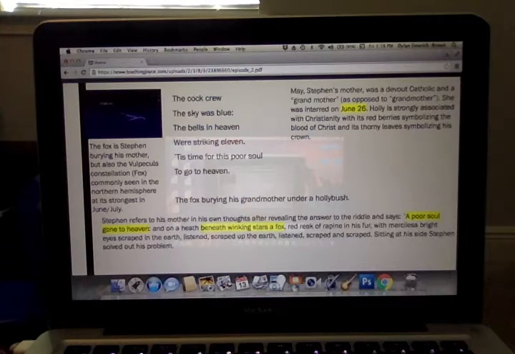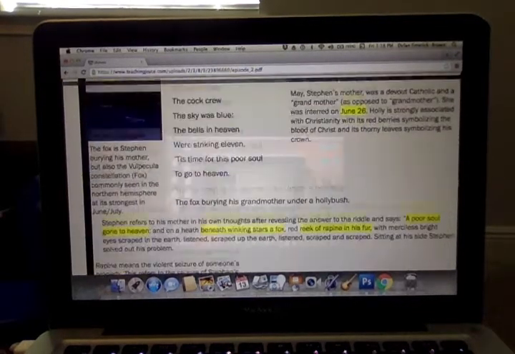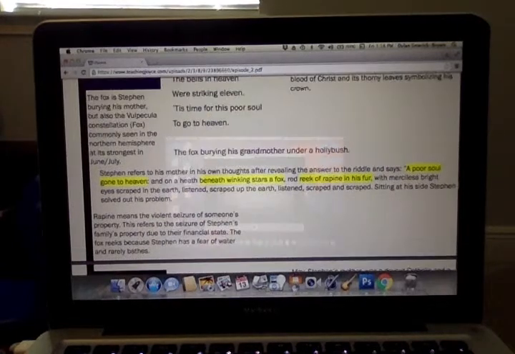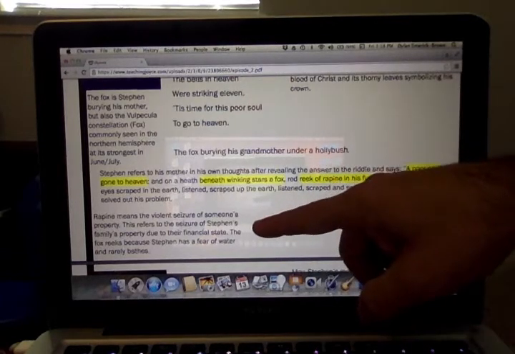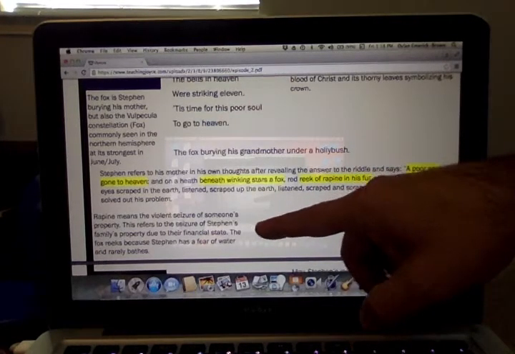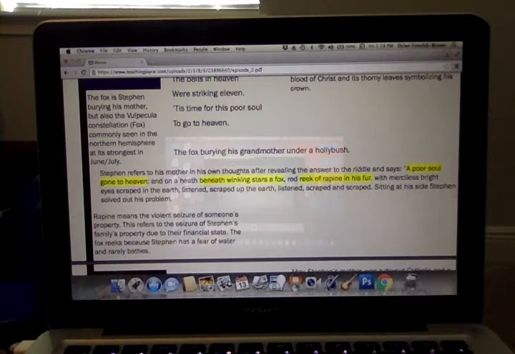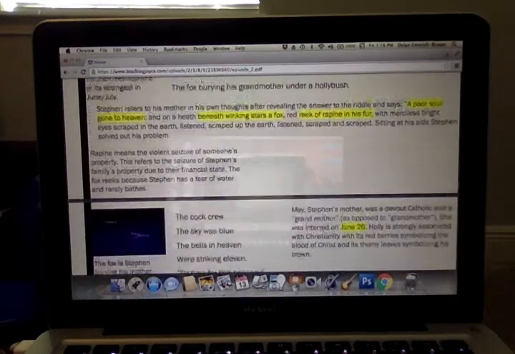Sitting at his side, Stephen solved out his problem." Now, rapine means the violent seizure of someone's property. This refers to the seizure of Stephen's family's property due to their financial state. The fox reeks because Stephen has a fear of water and rarely bathes, as we've established.